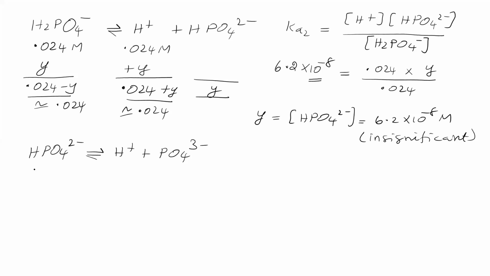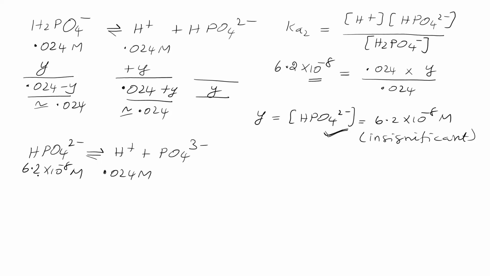The initial value of HPO4 2 minus is 6.2 into 10 to the power of minus 8 molar. The H plus we got so far in the previous equation is 0.024 molar.